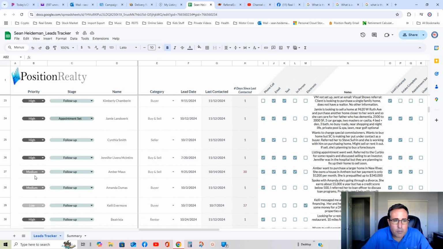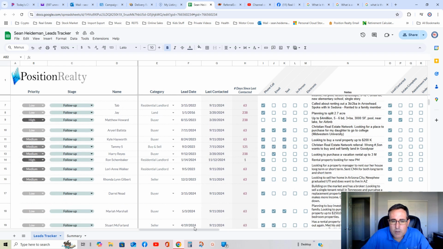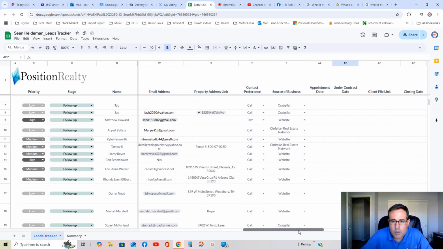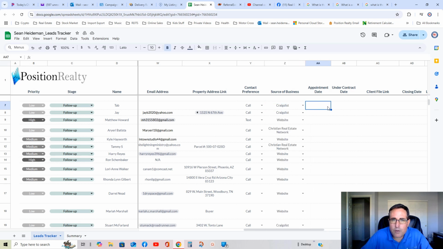Medium is purchase within the next year, and then low is they have some issues, maybe 9 months out. They may have some credit issues, but you want to also keep in contact with them on a regular basis. So put them in your sales funnel. And here are all of the different lead sources that we have. You want to put where you got them from so you can track your leads through your sales funnel.